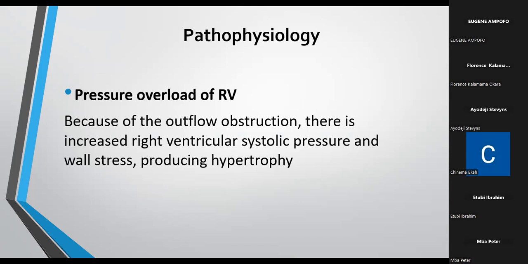In terms of pathophysiology, from the RVOT obstruction in pulmonary stenosis, there's increased right ventricular systolic pressure and wall stress, and that leads to right ventricular hypertrophy.